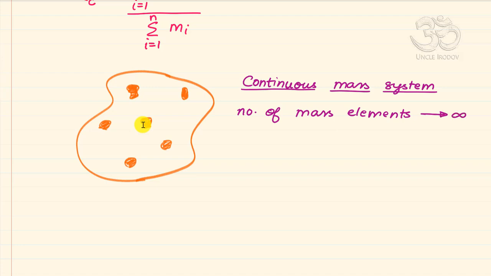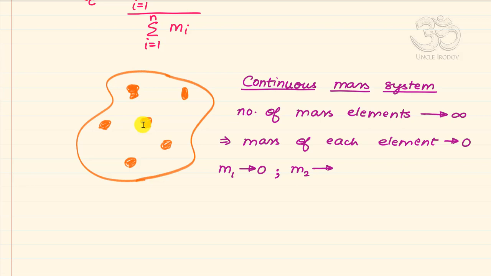So that means the mass of each element will tend to 0. That means m1 will tend to 0, m2 will tend to 0, and m3 will tend to 0, and so on. Whenever I use integration to solve such a problem, anything that tends to 0, I usually take a dm for that particular term.